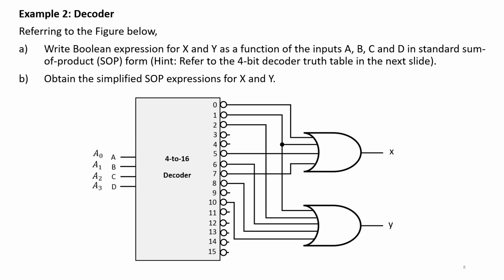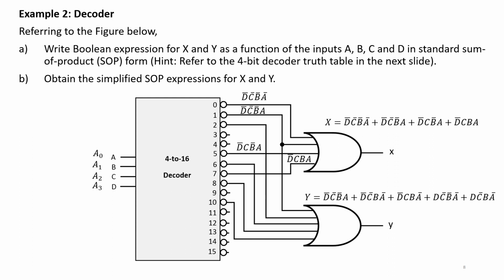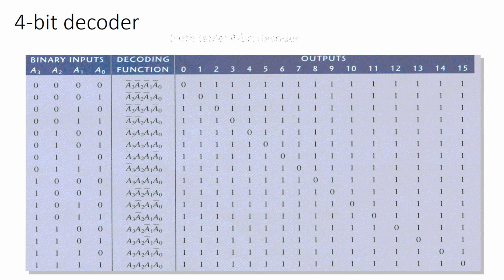We can simply do this by finding out which of the 16 decoder outputs are connected to the OR circuit, and write the expression for x and also y. And for the simplified SOP expressions, why don't you try it out yourself? This is the 4-bit decoder decoding function.